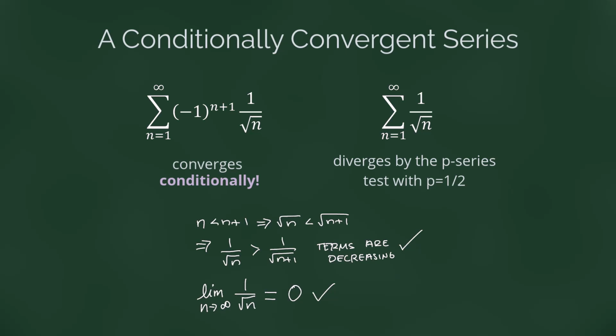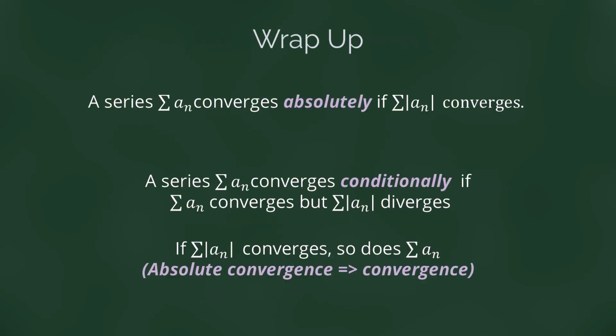So we know the sum from n equals 1 to infinity of -1 to the n plus 1 times 1 over the square root of n converges conditionally. We'll summarize this by saying that if we have a series that involves some negative terms, we're going to consider its convergence in comparison to the same series with all positive terms.